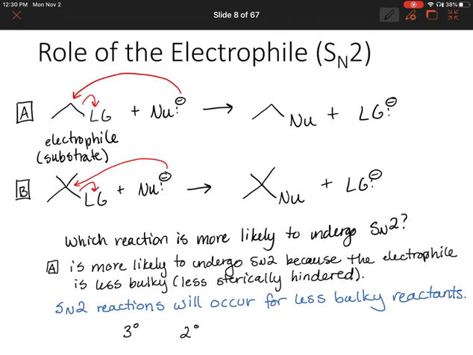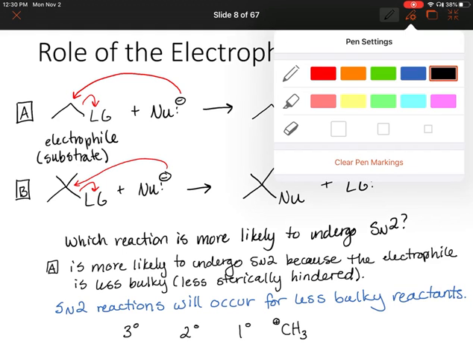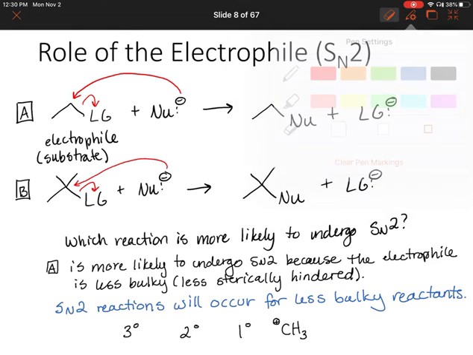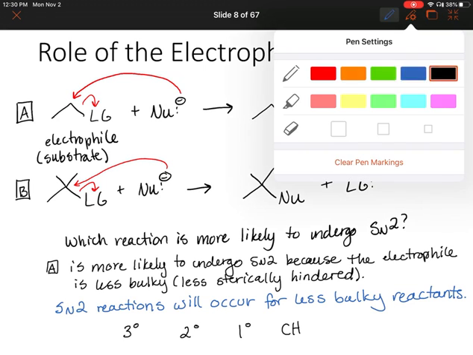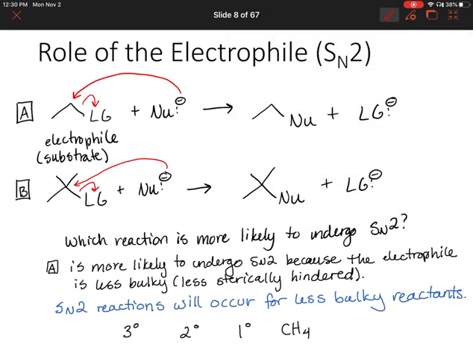I'm just going to list the different types of reactants. Oh, I guess let me actually write this as CH4 since we don't have an intermediate in this reaction. So again, tertiary carbons are the bulkiest, so they're least likely to go through SN2.